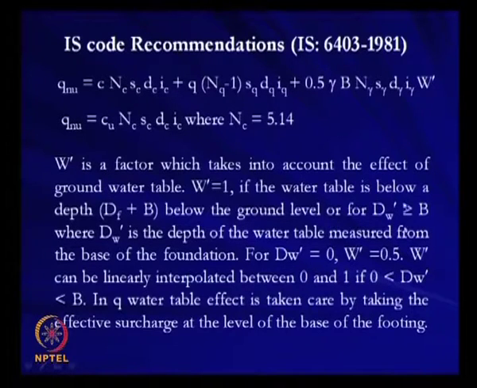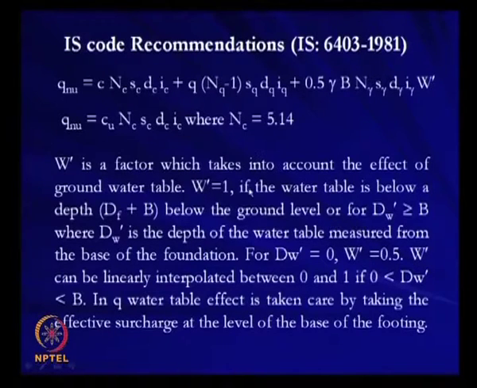Here in this expression there is one term W dash, which takes into account the effect of groundwater table position. So, this W dash is used to apply the corrections for basically water table.